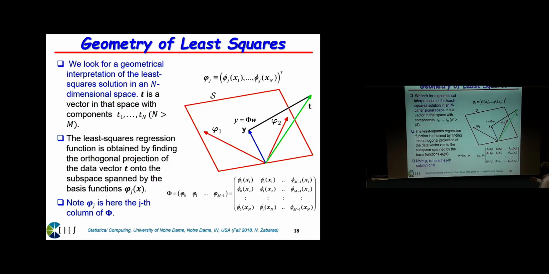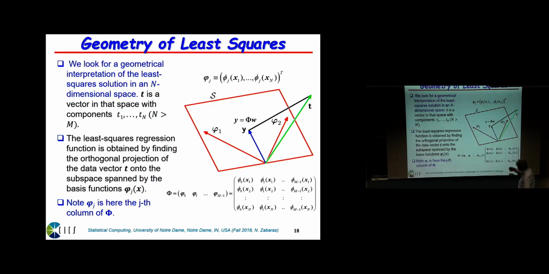I would like to see the design matrix by using its column vectors. Notice this phi here is different from that phi. Even for Greeks this is difficult to distinguish because they're supposed to be the same, okay? So this phi here is a column vector.